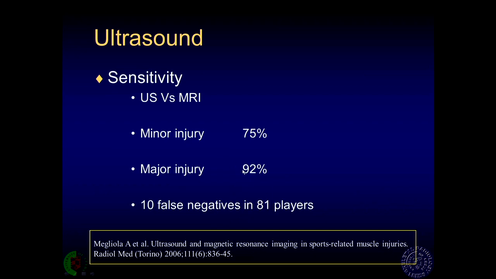So you can imagine in professional athletes missing 1 in 4 minor tears and 1 in 12 major tears is not ideal. And there was quite a high incidence of false negatives in these athletes. So for us, MRI is the first-line imaging technique for imaging muscle tears, and we reserve ultrasound for imaging of problem cases and for interventions in these patients.